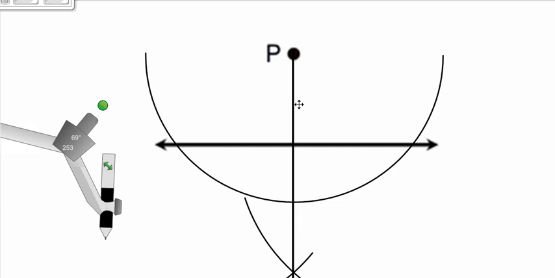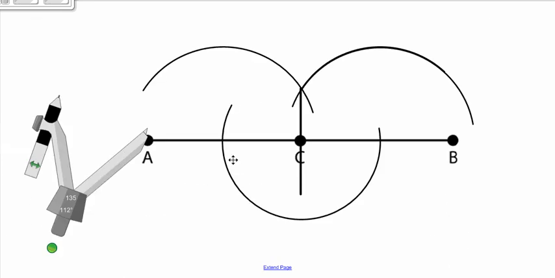Now the difference with the point on the line and the point off the line is the location of point P. So notice that point P here is only on this vertical line here. Now if we go back to point on the line, it's on the vertical line and it's on the horizontal line. Okay, so that's the difference between the two. Other than that, both are pretty much the same construction.